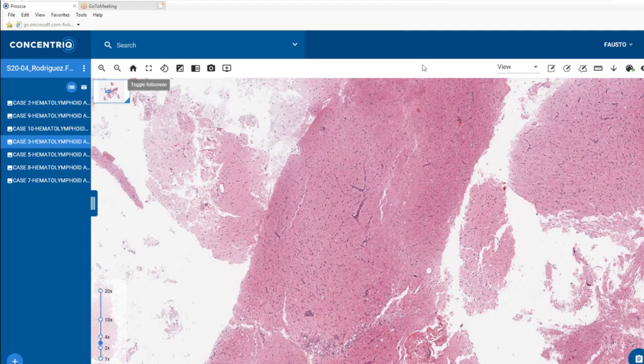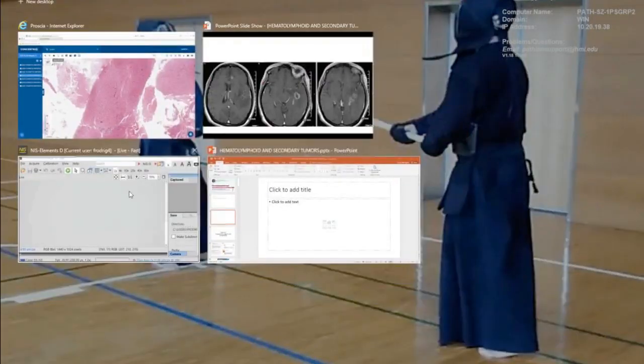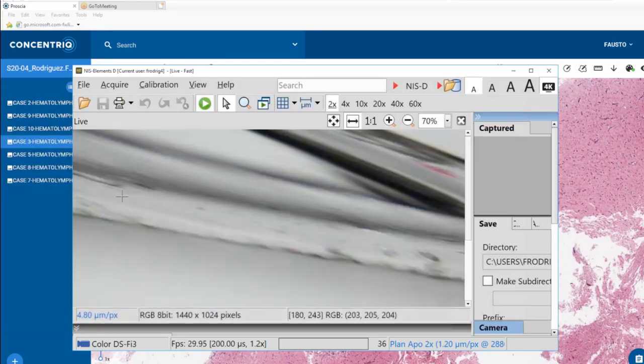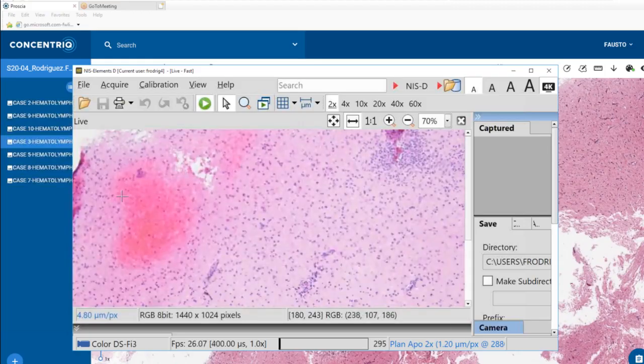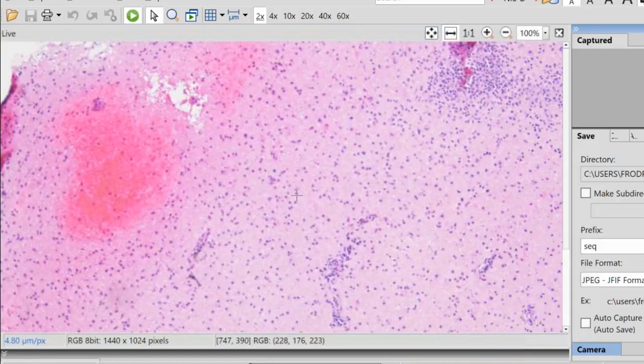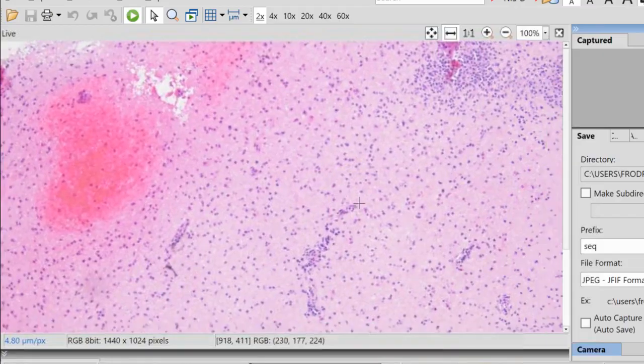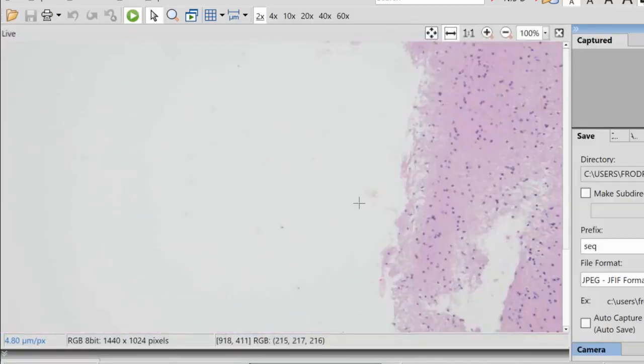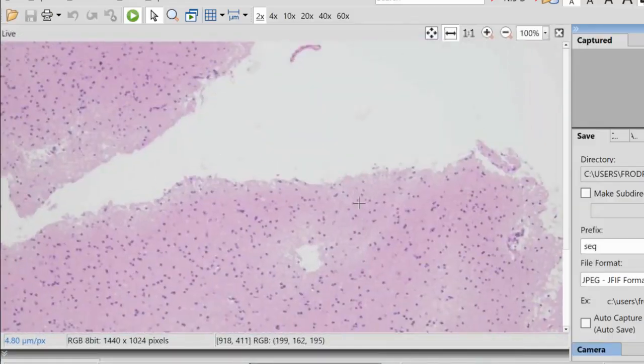For a moment, it looks like sometimes some of the scanned cases disappear. This is actually the H&E slide that I scanned. So it's always good to have a plan B. And this is exactly the same slide that you may have access to. It may just show up later in the system.